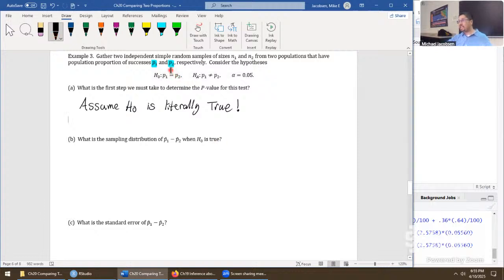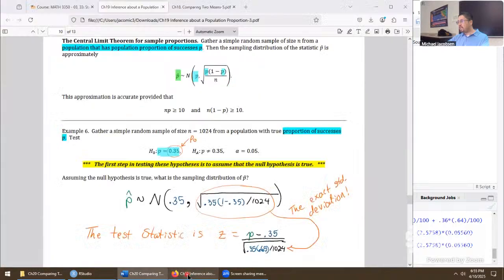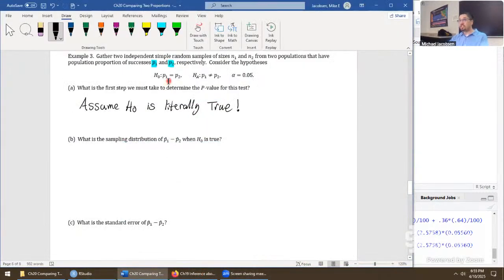This has some really interesting ramifications, though. If the null hypothesis is true, this time a little bit different than in chapter 19 where we gave it a specific value, we knew that value, we're directly testing 0.35. But here the hypothesis, much like in chapter 18, is that the parameters are the same. We don't have further information on what the common value is if they're the same. We'll just write it out this way.